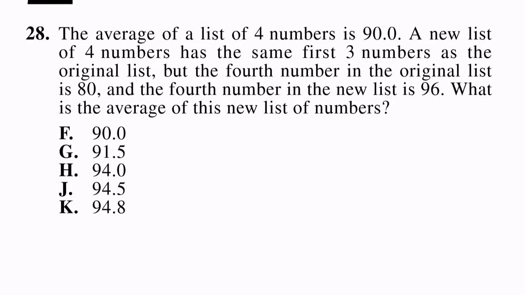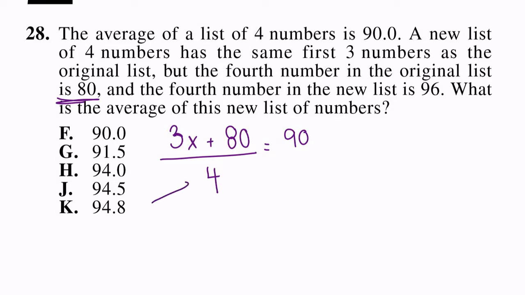So we know that our first list, we have 3 numbers, 3 times x, plus 80, because we know that our fourth number in our original list is 80, and we know the average of this list is 90. So we'll do our total number of numbers divided by 4.